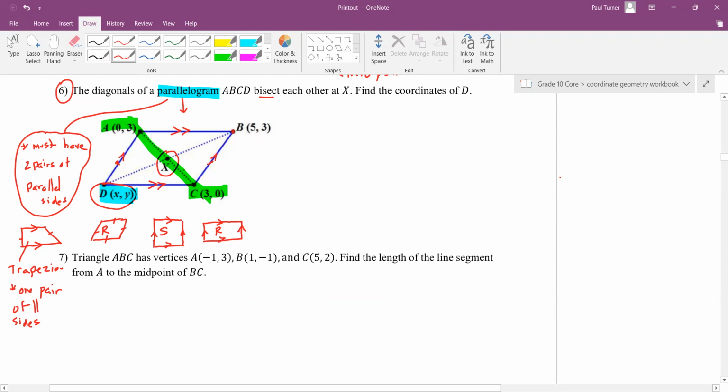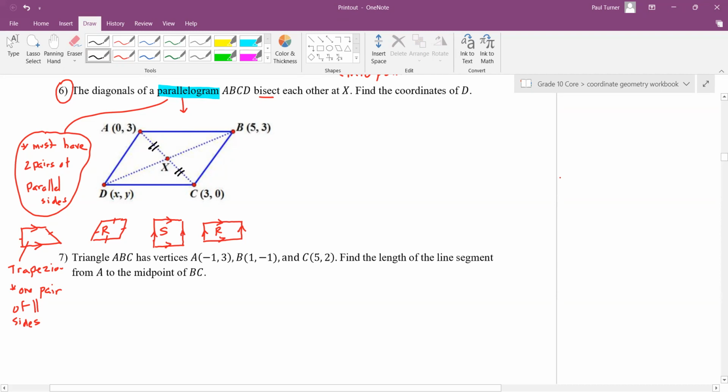So what you can do for me now is find x because, let's clear that out, make it tidy. So what you can do first is find x. Now, one thing about parallelograms is that when you draw the diagonals, these lengths here will be equal.